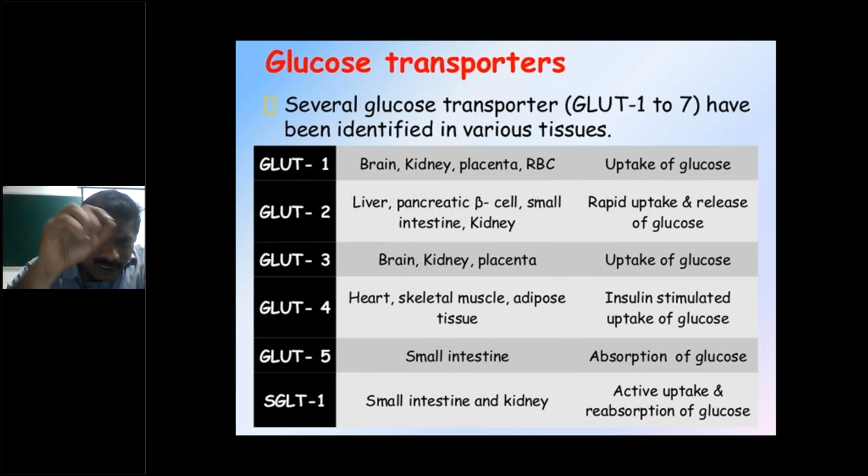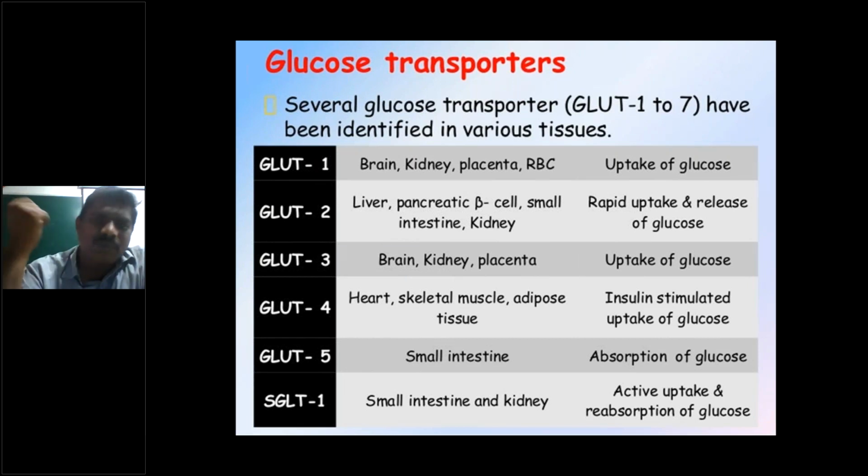Only for glucose transporter 4 does insulin-stimulated uptake of glucose take place. Insulin is required for the uptake of glucose in the heart, skeletal muscle and adipose tissue. Whereas for entry of glucose into brain tissues, kidneys, placenta and RBC, glucose transporter 1 is present, which does not require any insulin.